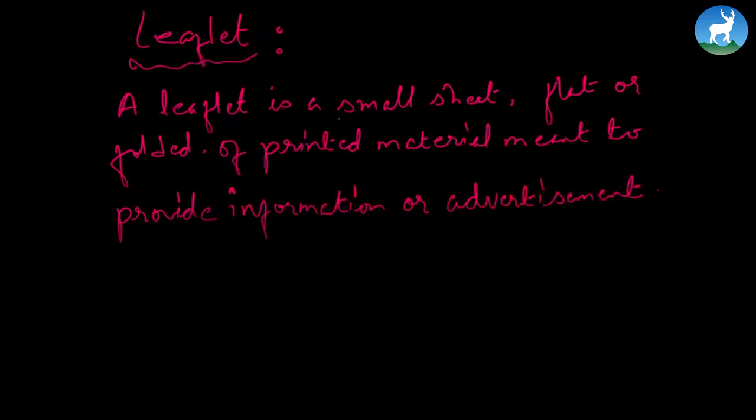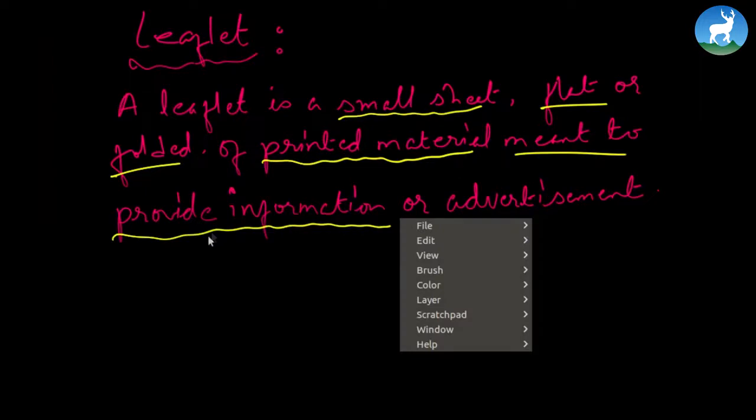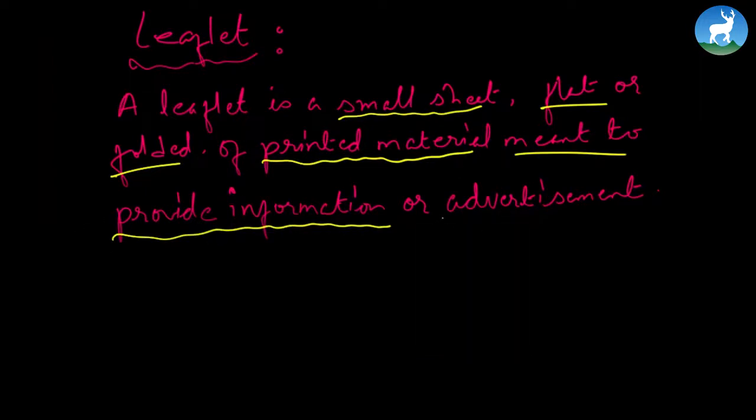A leaflet is a small sheet of paper, flat or folded, and something is printed there. Now, what is its purpose? It provides very precise information. The information might not be in detail, but it will provide you the information that ought to be known. Or it might be a form of advertisement as well.